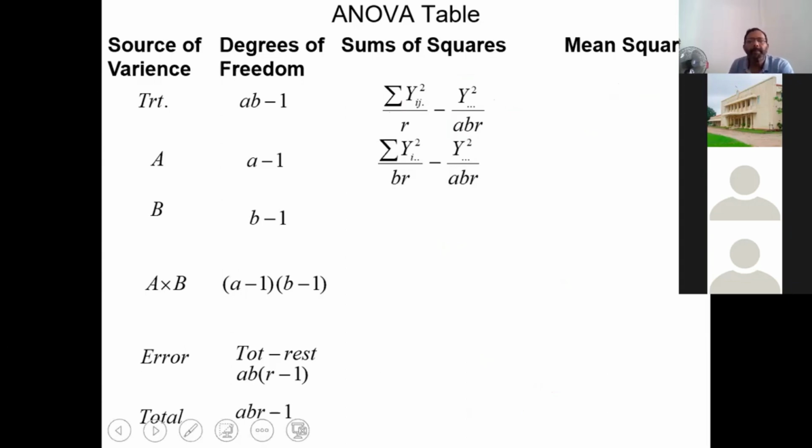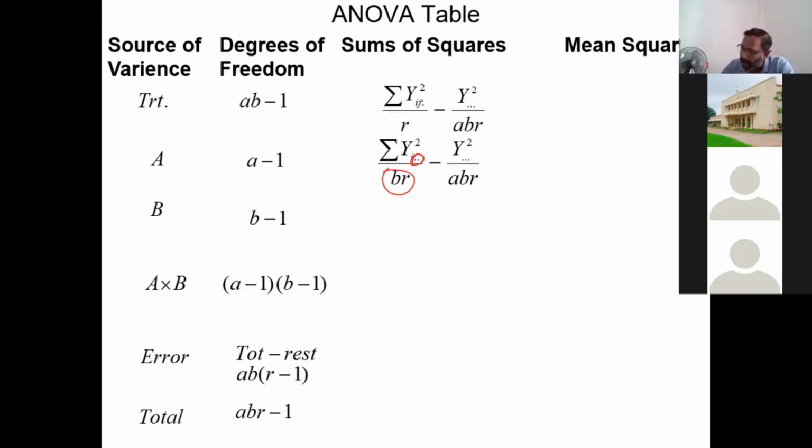This correction factor always comes. Now the effect of A, for the time being write down this, is given as summation of Yi dot square divided by Bn. This dividing factor depends on how many components we are adding together.